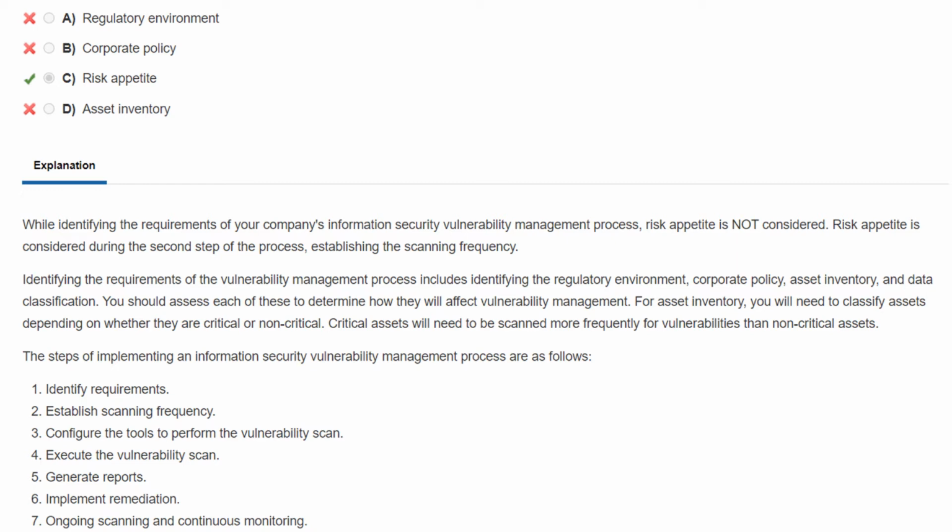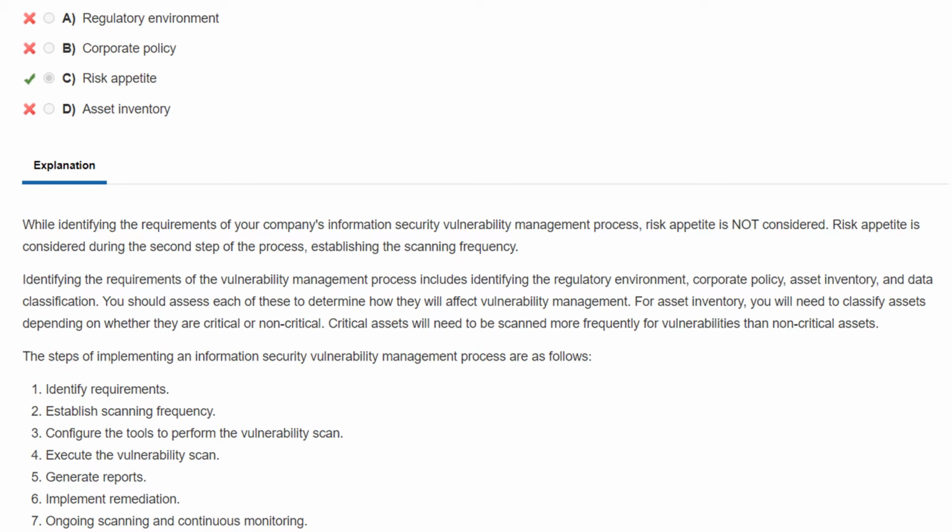While identifying the requirements of your company's information security vulnerability management process, risk appetite is not considered. Risk appetite is considered during the second step of the process, establishing the scanning frequency.